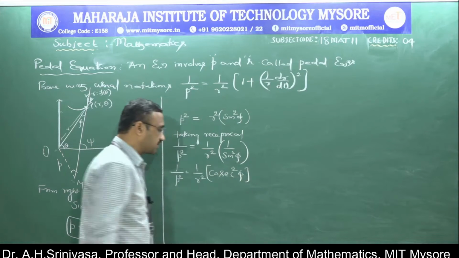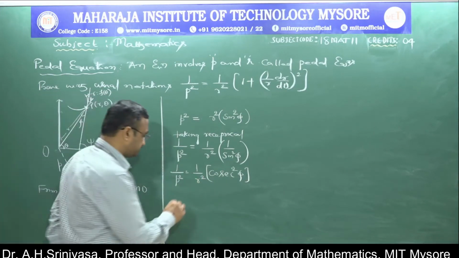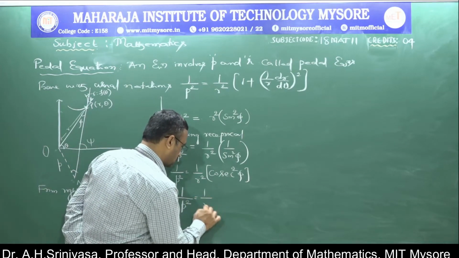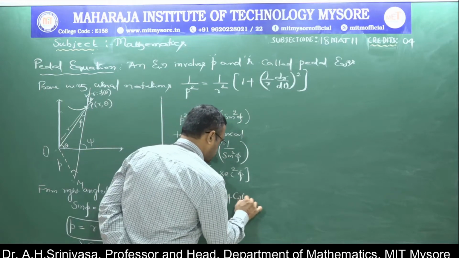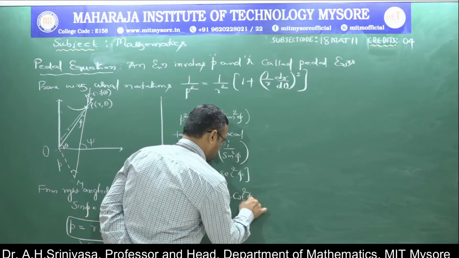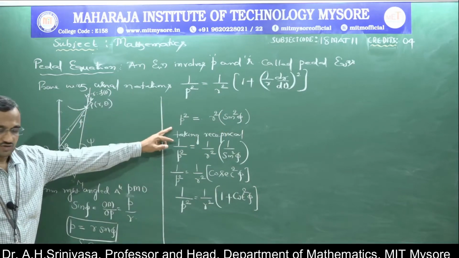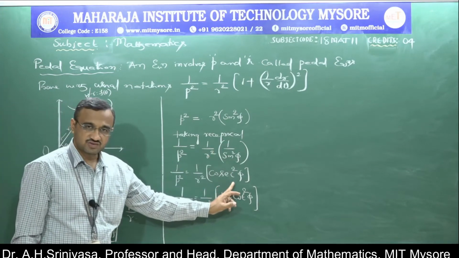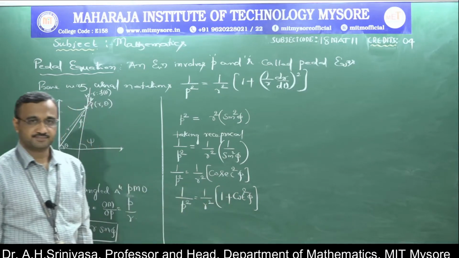Using the trigonometric relation, I write cosecant square in terms of cot: 1 by p square equals 1 by r square into 1 plus cot square phi. This is clear: first you square, then take the reciprocal, then write 1 by sine square as cosecant square, and cosecant square is 1 plus cot square.